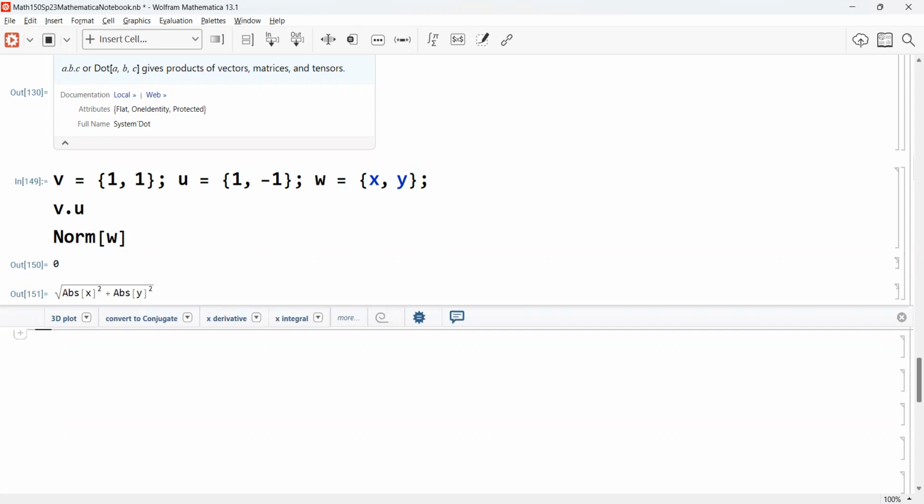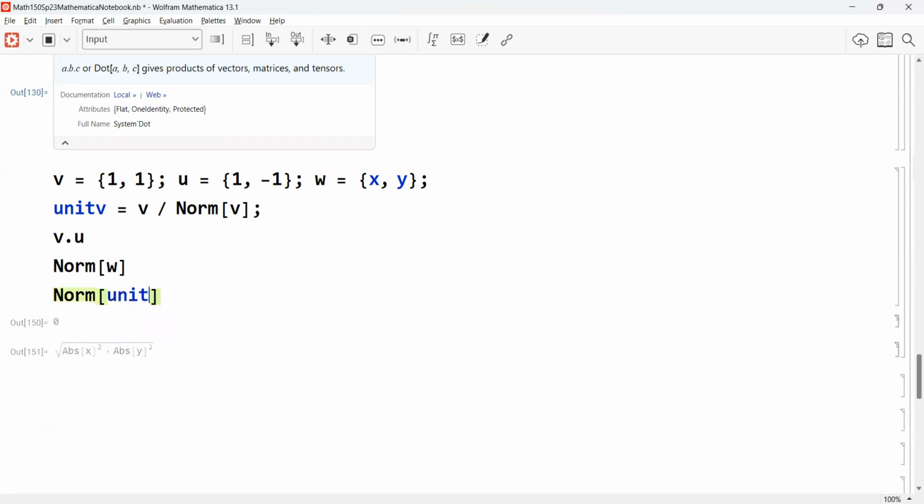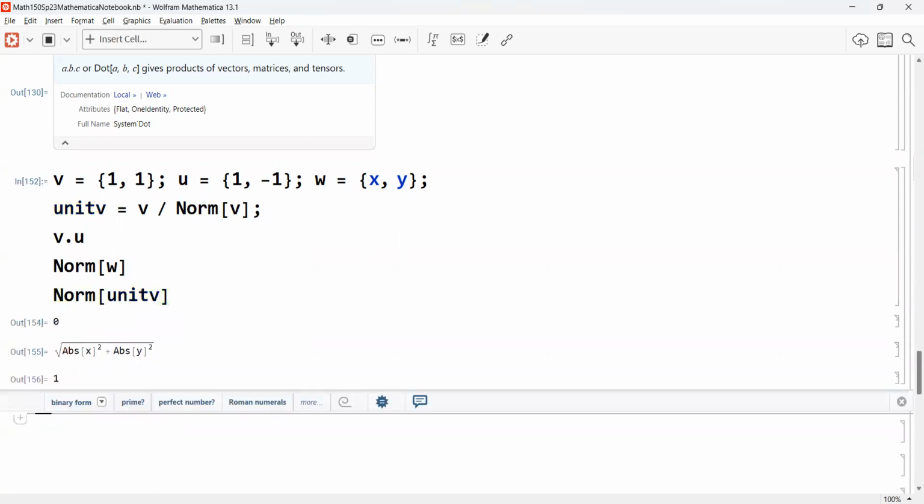So norm is giving me the length of the vector. Okay. So if I want to construct a unit vector, I could say unit v is equal to v divided by the norm of v. And then if I now do the norm of unit v, I get 1.